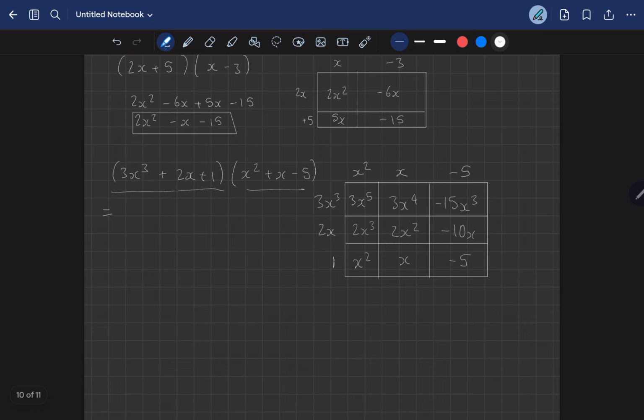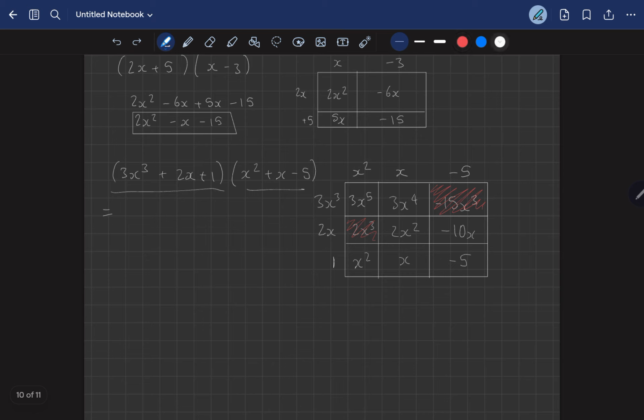Now we have to add up everything inside of this grid. But notice something. We have x cubed, and we have another x cubed. So minus 15x cubed plus 2x cubed will come down to minus 13x cubed.